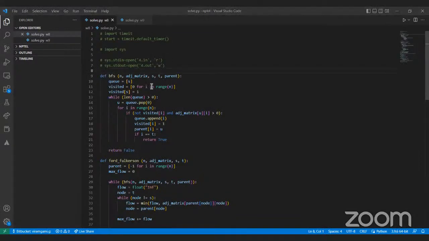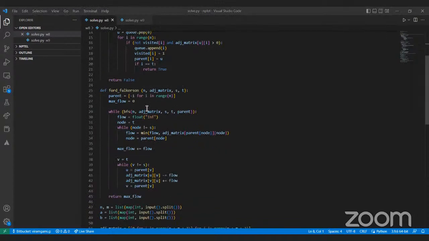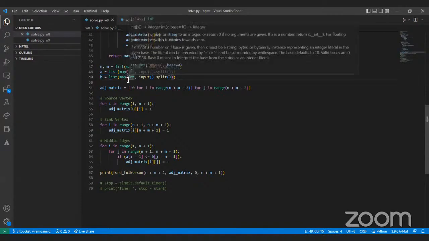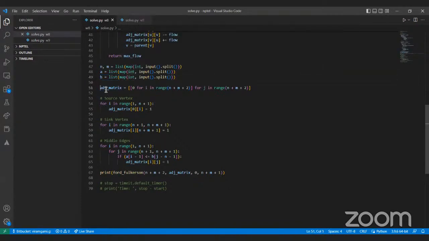Okay, so I implemented the Ford-Fulkerson algorithm to find the maximum flow. First, n and m are the number of courses and the number of classrooms. A is the array of the number of students registered in all the courses. B is also an array, and I'm representing the graph as an adjacency matrix.